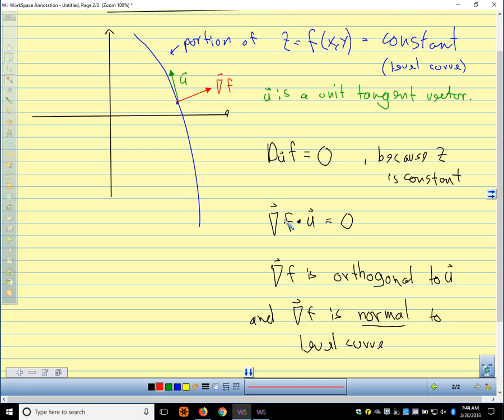It does not always point outside the curve; I drew it this way, but it depends on which way the surface is rising, because it points in the direction of maximum increase. Here we visualize going uphill as we go up that surface. If it were the other way, it could point the other way. This is an arbitrary function and an arbitrary level curve at an arbitrary point, so this is going to be true in general.